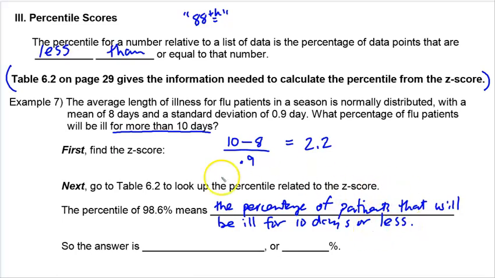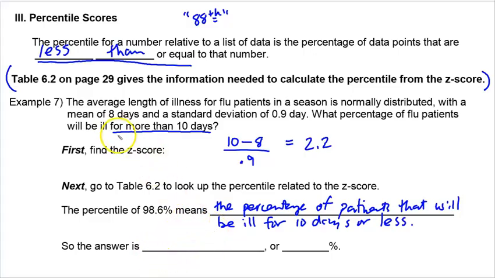But 10 days is the maximum length. 98.6% will be ill for a maximum of 10 days or fewer. Remember that, less than or equal to.